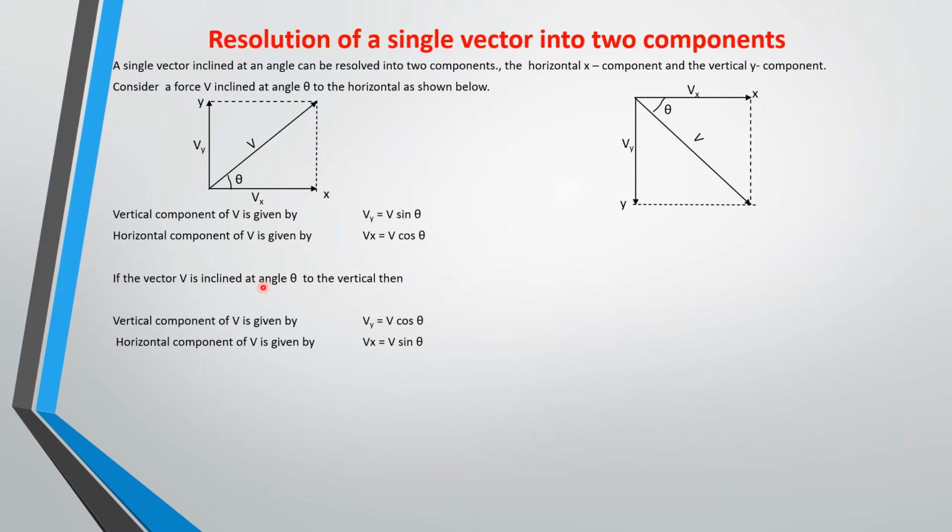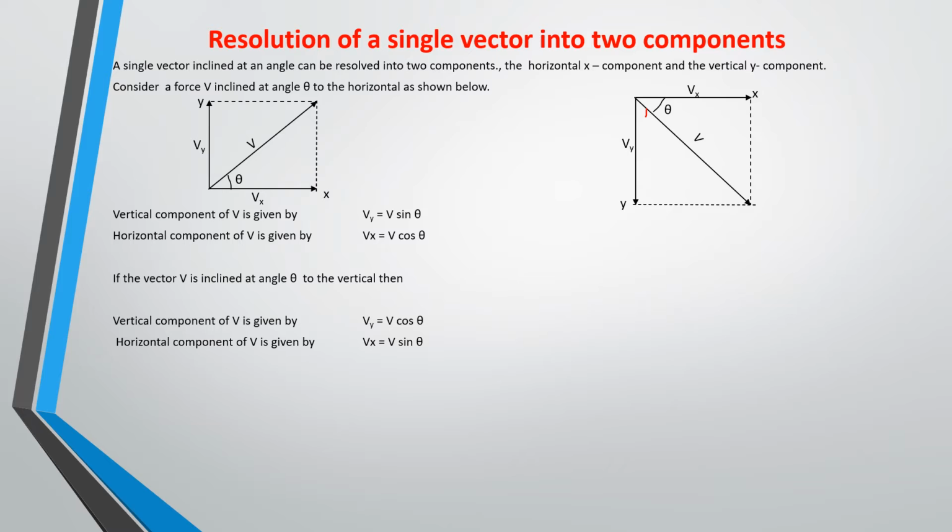Then if this vector is inclined at angle theta to the vertical, then the vertical component will be V cos theta, and then the horizontal component will be given to you to be V sine theta.